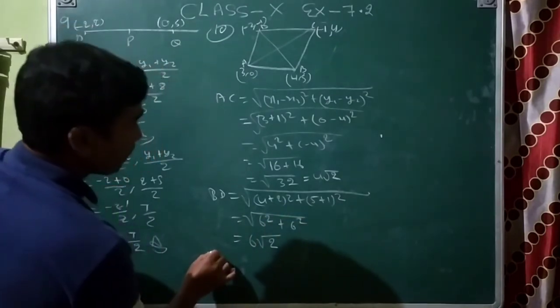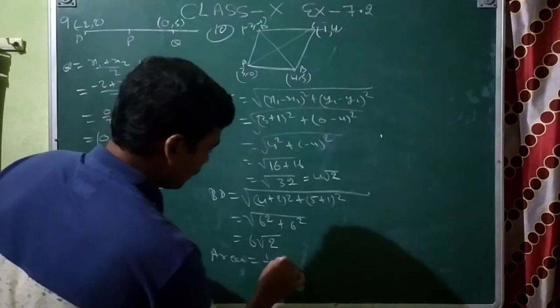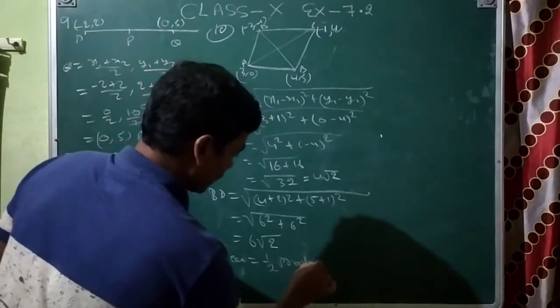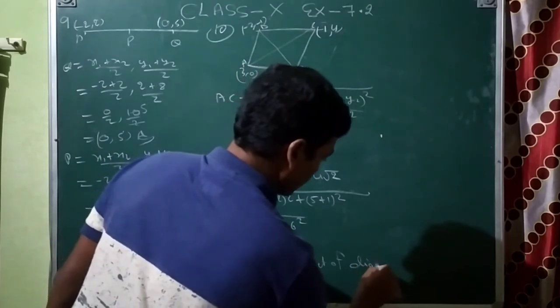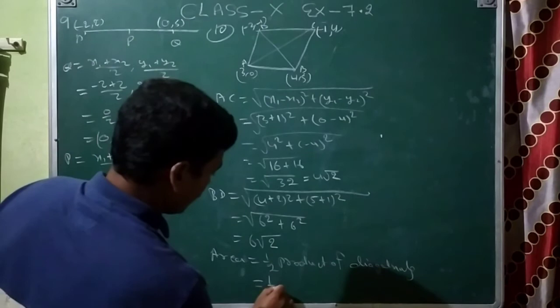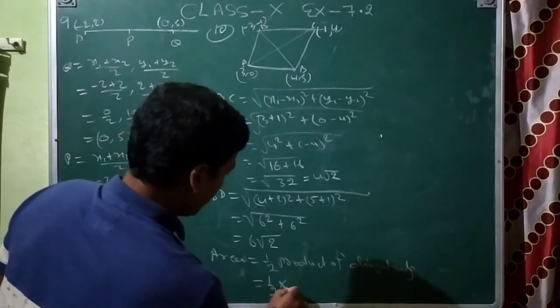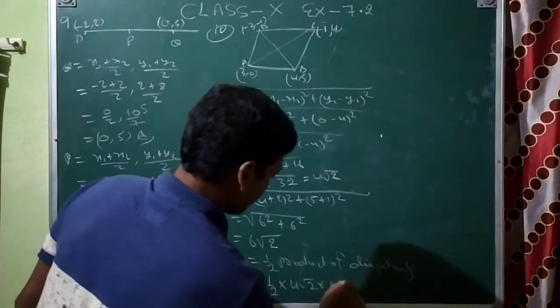Now the area. The area is equal to 1 upon 2 times the product of the diagonals. So that is 1 upon 2 multiplied by 4 root 2 multiplied by 6 root 2.